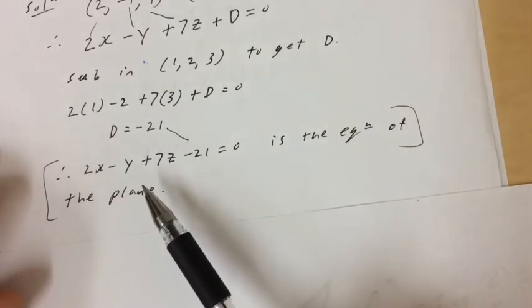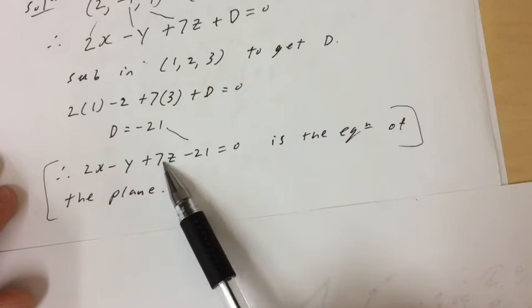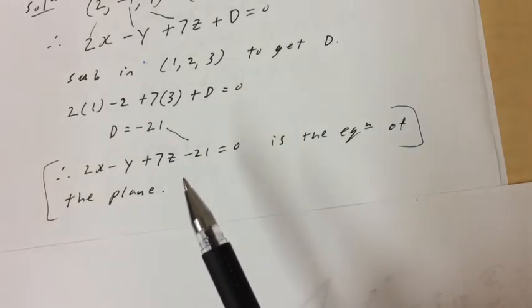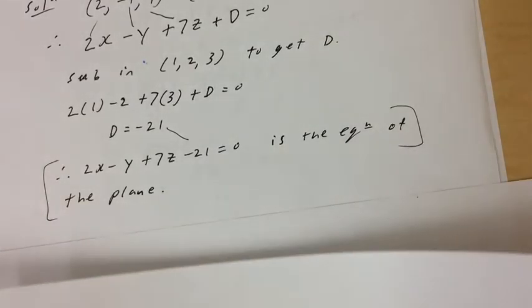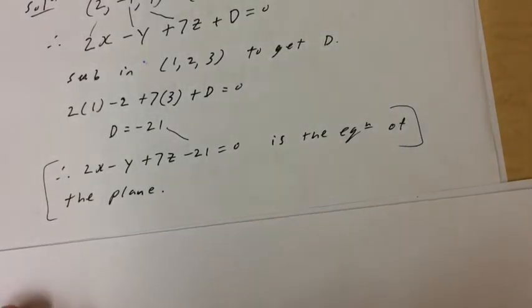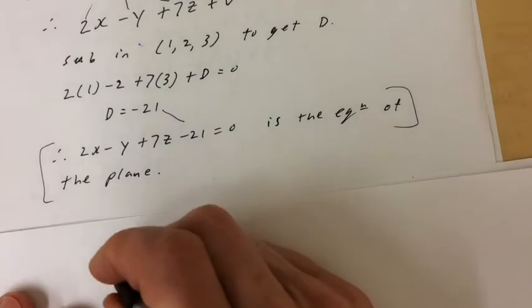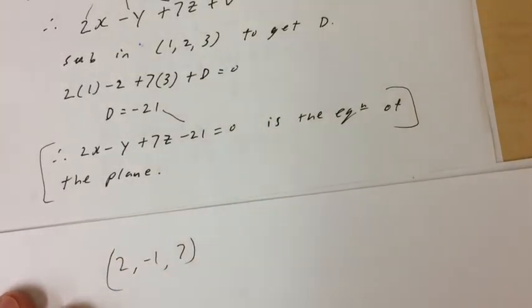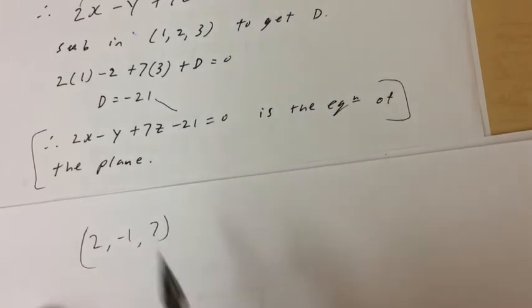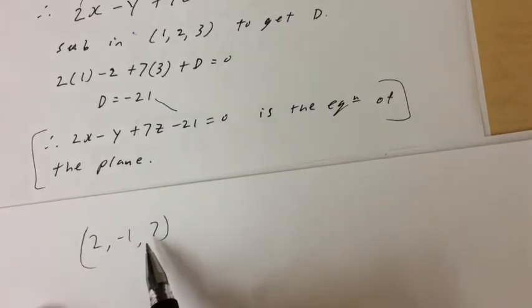Well, I'm going to give you a bit of a hint. 1, you know the normal vector: 2, negative 1, 7. Okay, well, in the parametric equations, you need 2 vectors that are parallel to the plane. Well, if you've got a vector that is normal to the plane, so 2, negative 1, 7, how do you find 2 vectors that are perpendicular to that?